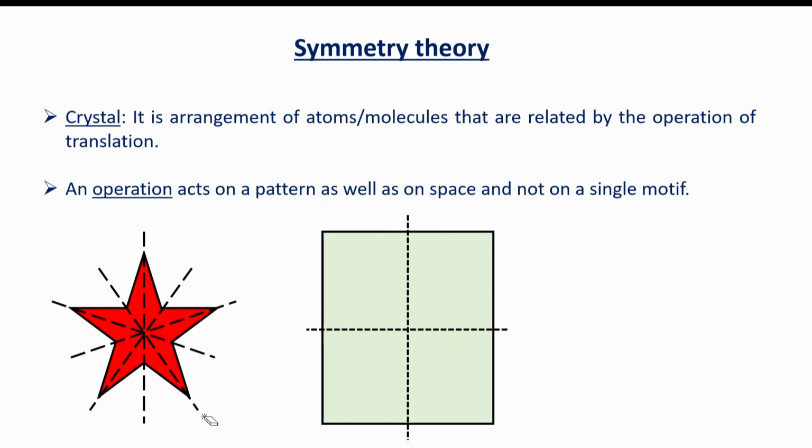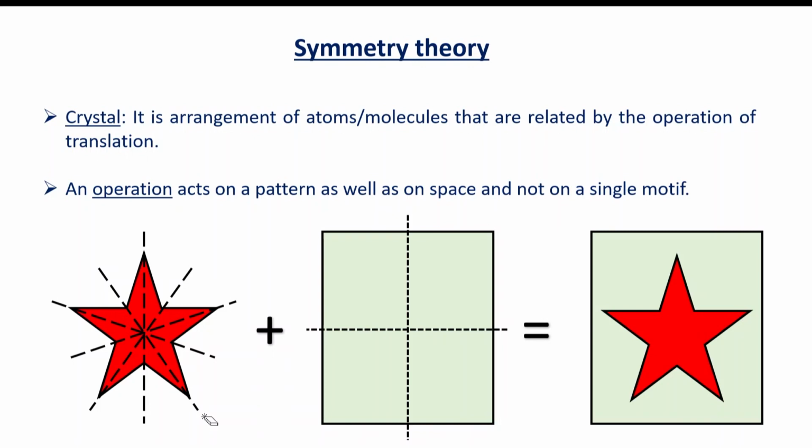Then if I now combine, or if I simply take this star and put it on this rectangular box, what will happen? If I combine this, out of this 5 plus 2 there could be 7 mirror planes, but now you are considering the star and the rectangular box in totality.